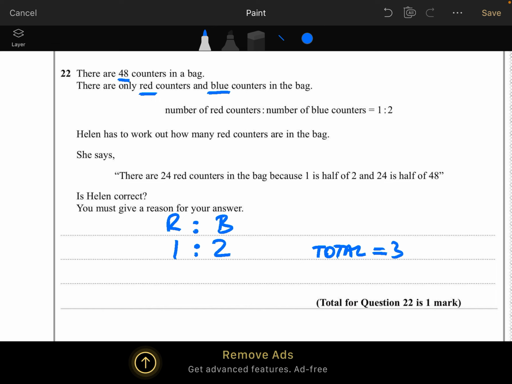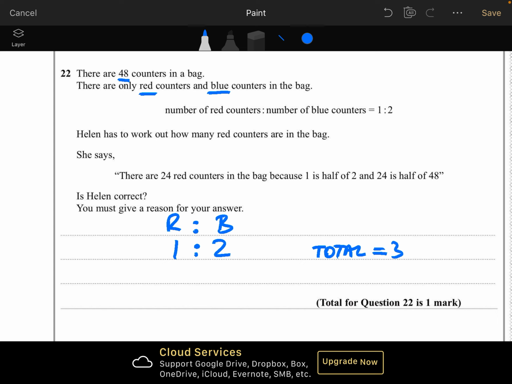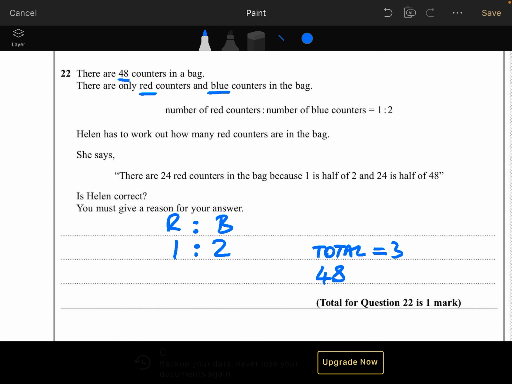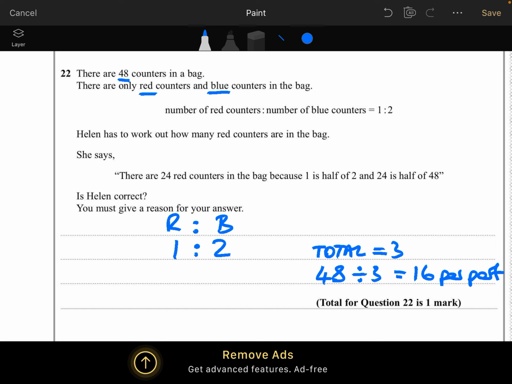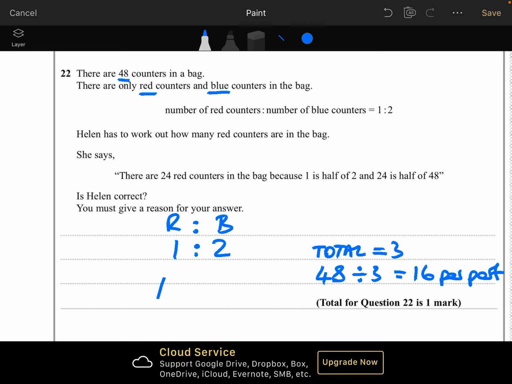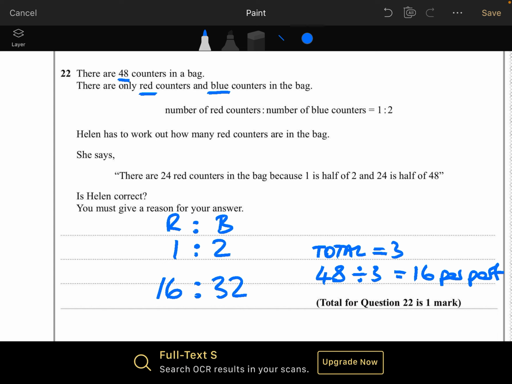The total is 3, and so we're going to take the 48 counters and divide it by 3, and 48 divided by 3 would give us 16 per part. So in fact, to get 48 counters in there, reds will be 1 times 16, which is 16, and 2 times 16 would be 32. So she's not correct.